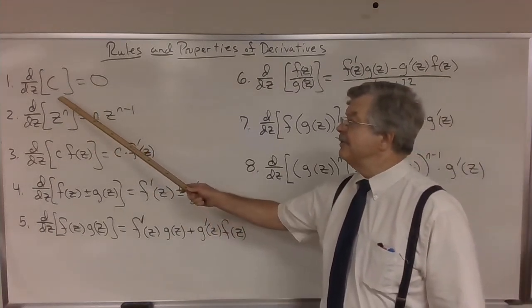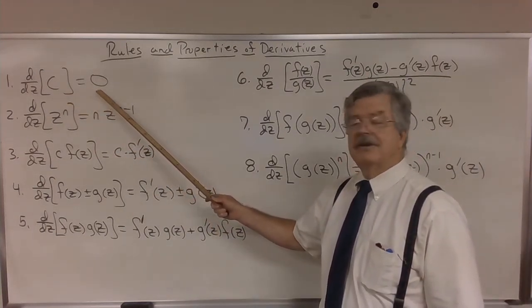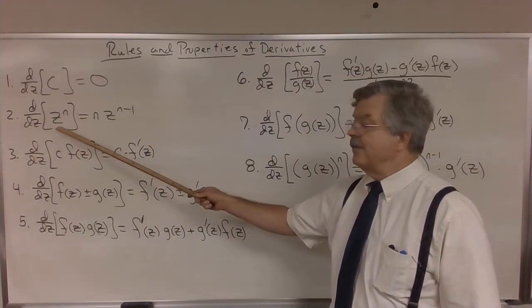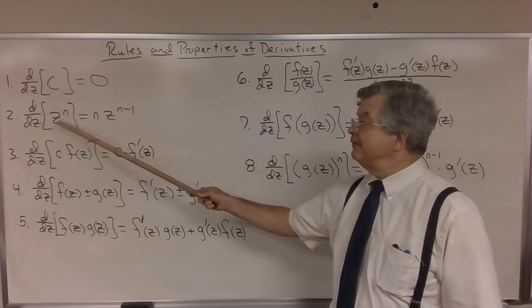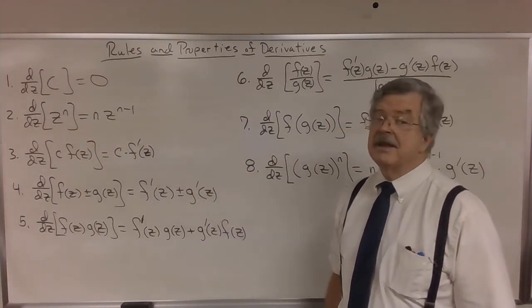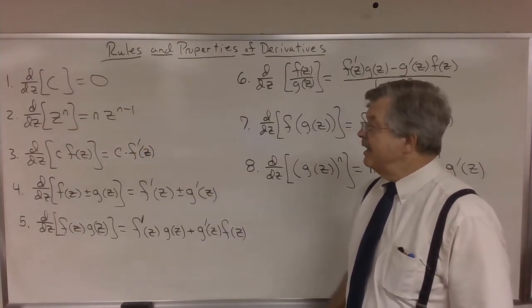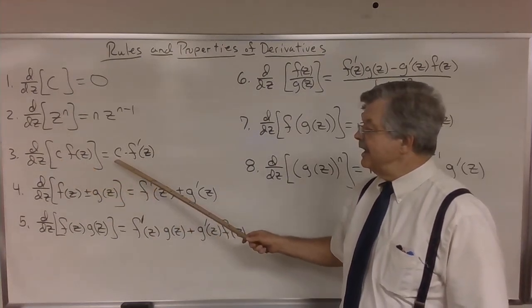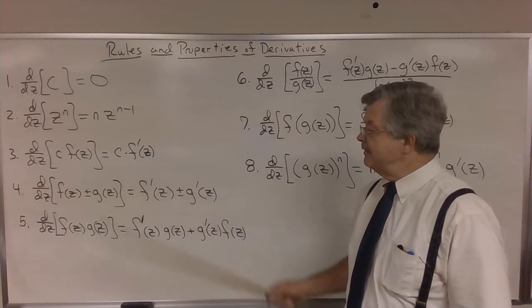It's still true that the derivative of a complex constant is 0. The power rule for a complex variable raised to a power still holds. Same power rule. The derivative of a constant times a function is still the constant times the derivative of the function.